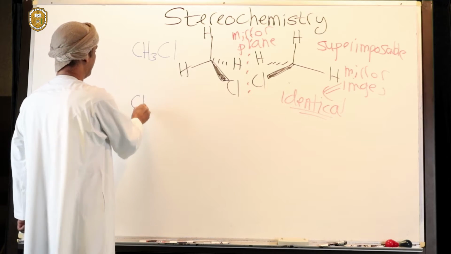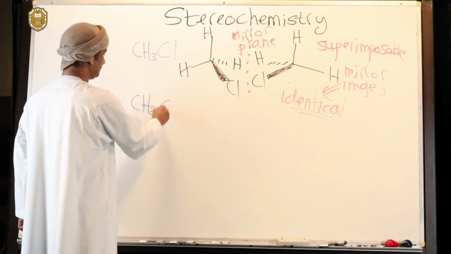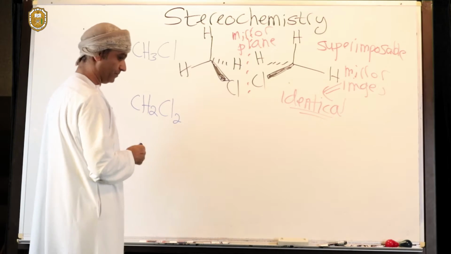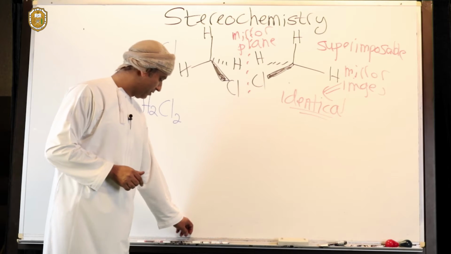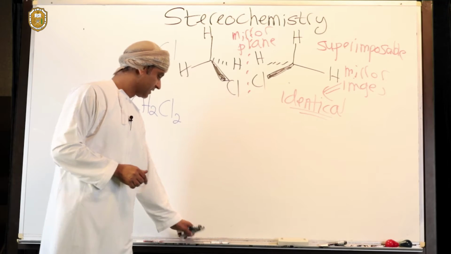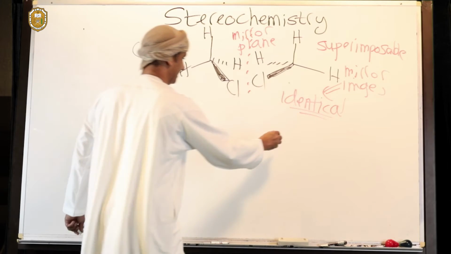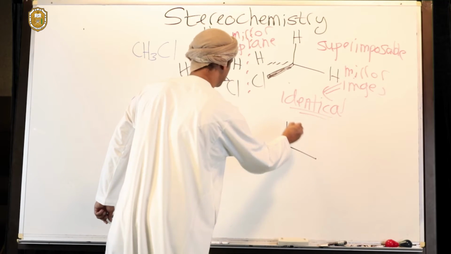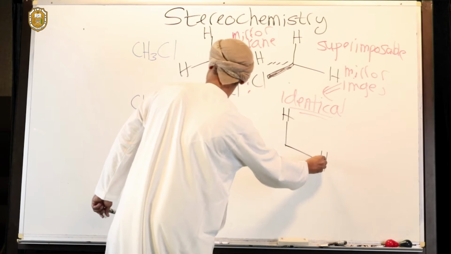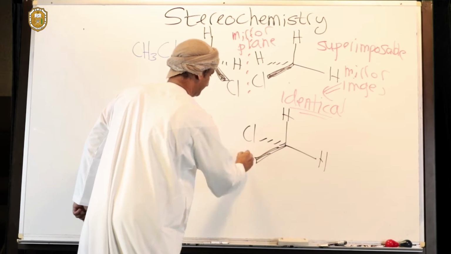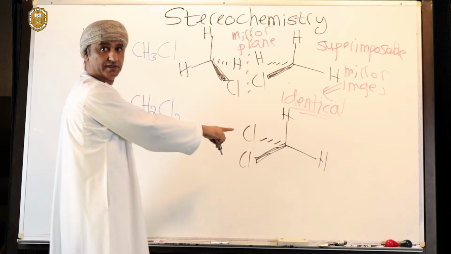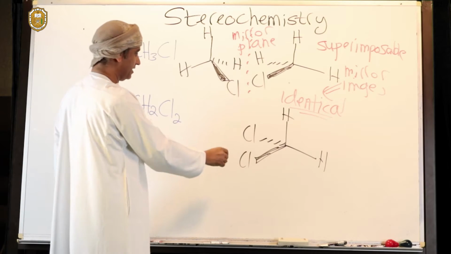Let's now take CH2Cl2, and we try to make a model and draw structures in a similar manner, so something like that. So CH2Cl2. So this is one possible drawing.